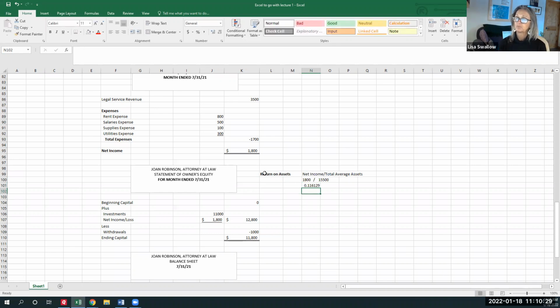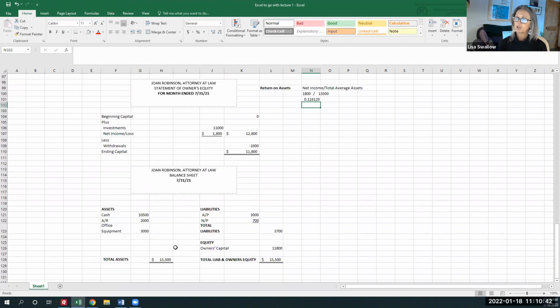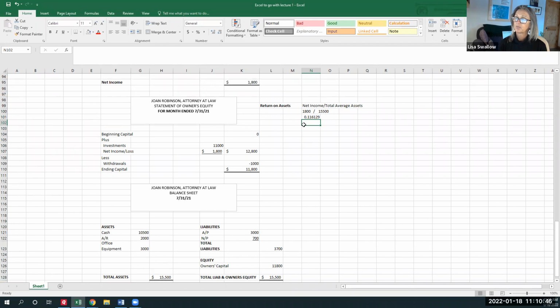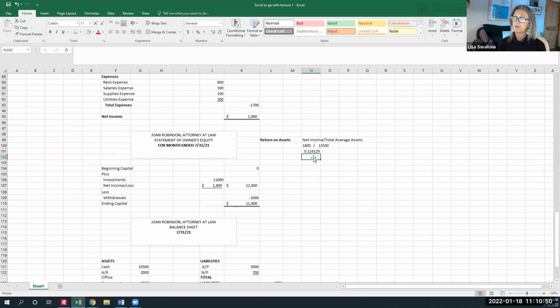So, welcome back. Return on assets, the calculation is net income divided by total average assets. So I go to the P&L to pick up my net income. I go down to the balance sheet to pick up my assets. 1,800 divided by 15,500 gives me 0.116129.